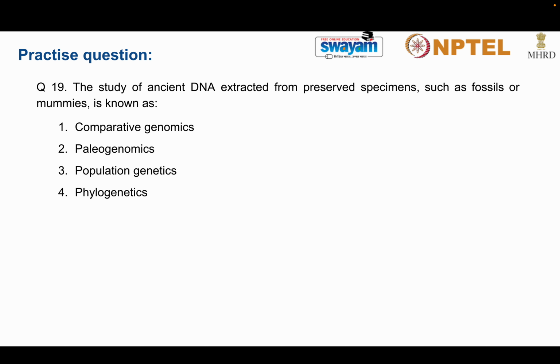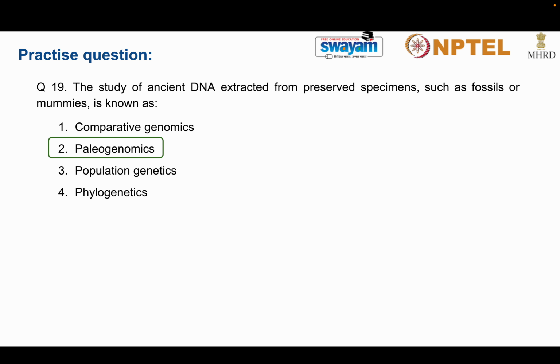By this time, you know what comparative genomics is, you know what phylogenetics is. Among population genetics and paleogenomics, you have a brief idea about population genetics as well. And I'm not sure whether you know about paleogenomics or not. So now let's see. The correct option is paleogenomics.